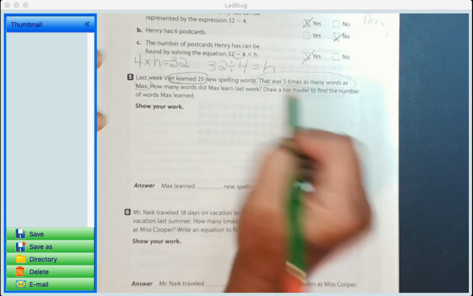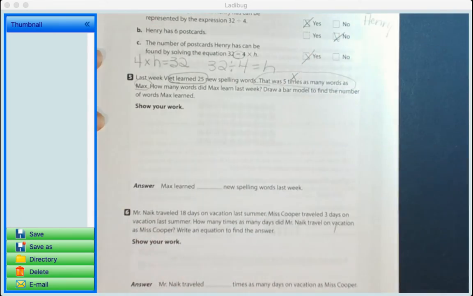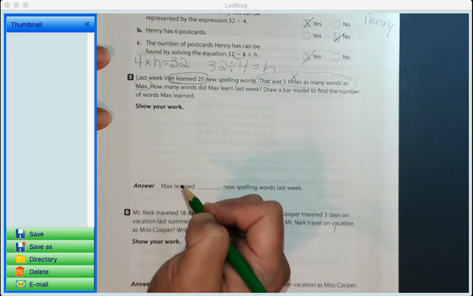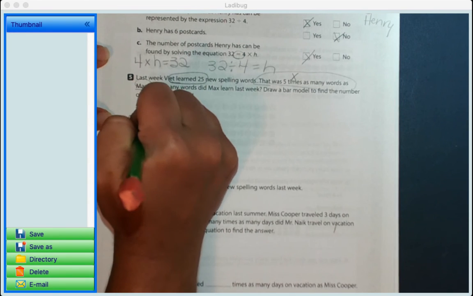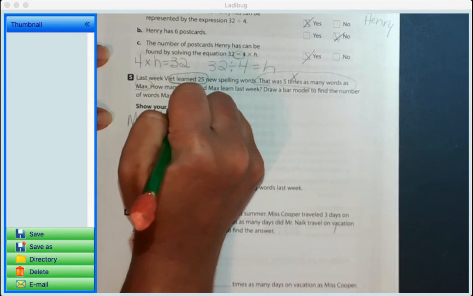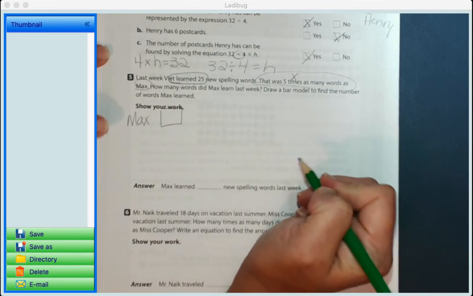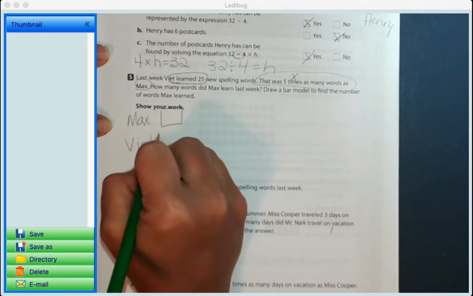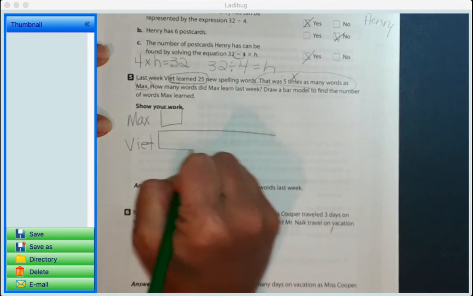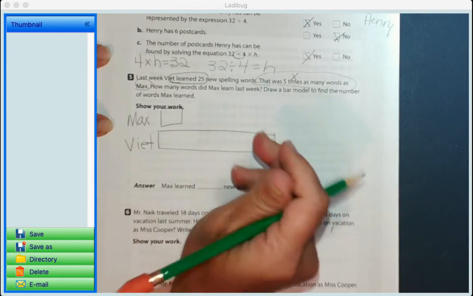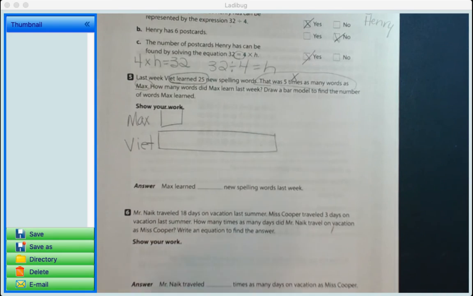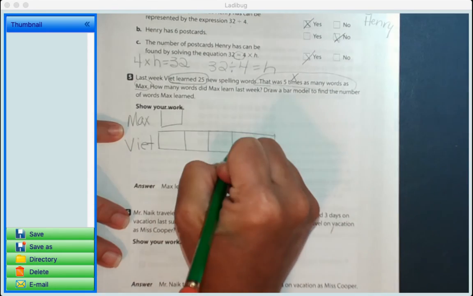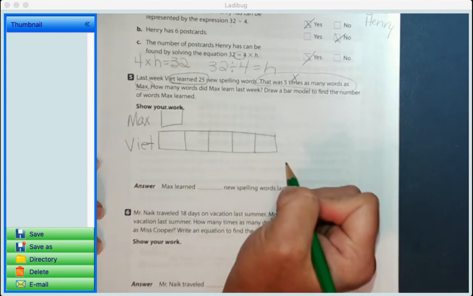So it was 5 times as many, but we already know Max learned some spelling words. Wyatt was 5 times as many words, so I'm going to draw this in 5s: 1, 2, 3, 4, 5.